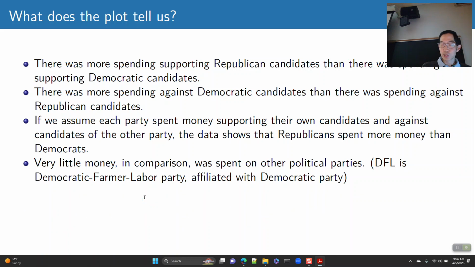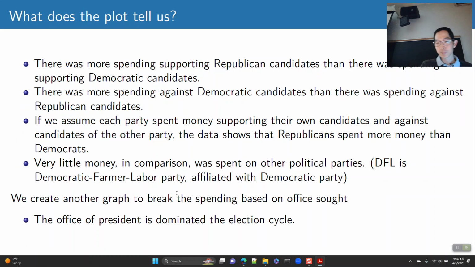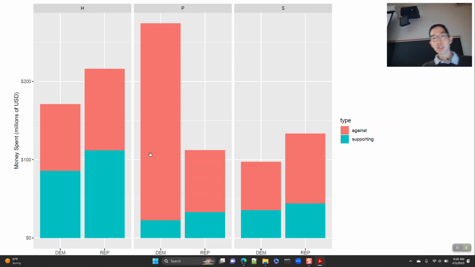What we can do further as we explore our data is we could say, okay, what if we split it? This is like all the races, all the House races, all the Senate races, and the president. If we split this up, across the top, this is money for House races.